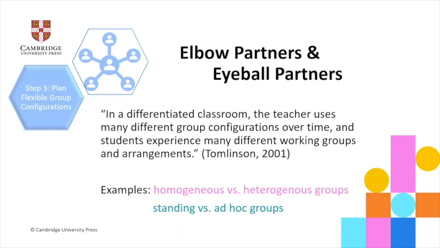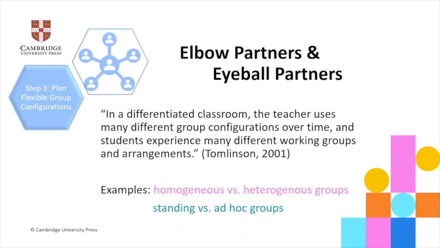So Tomlinson says, in a differentiated classroom, the teacher uses many different group configurations over time, and students experience many different working groups and arrangements. In K-12 education, there is a concept called an elbow partner and an eyeball partner.